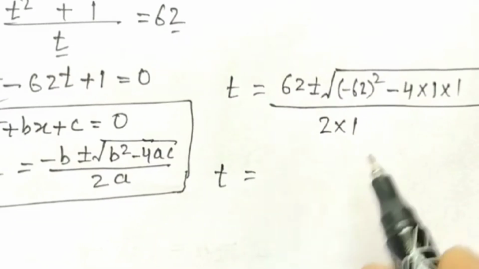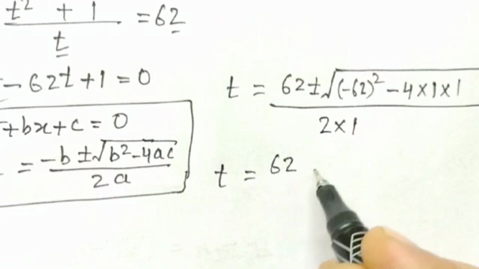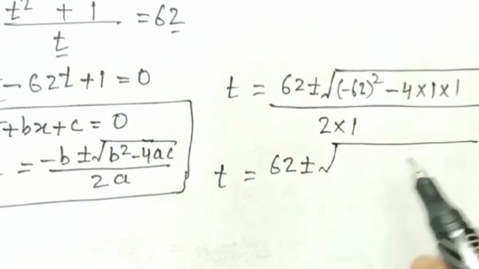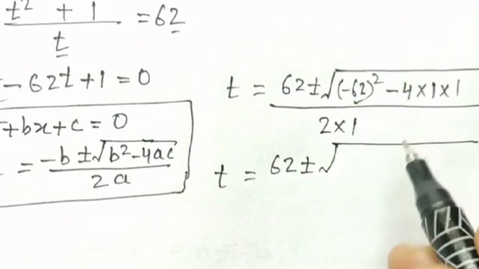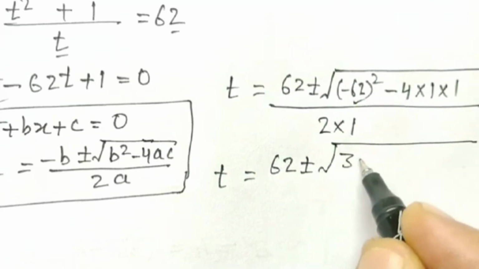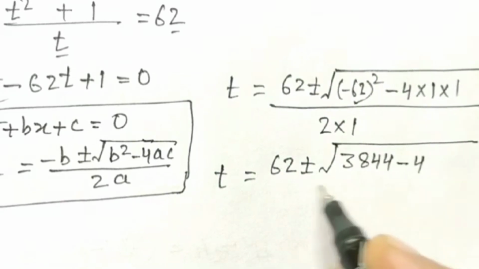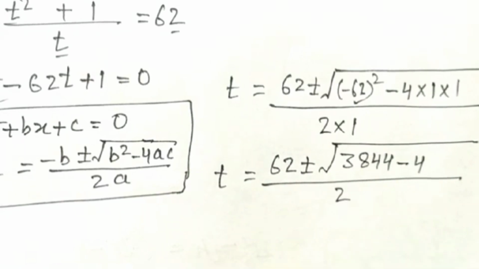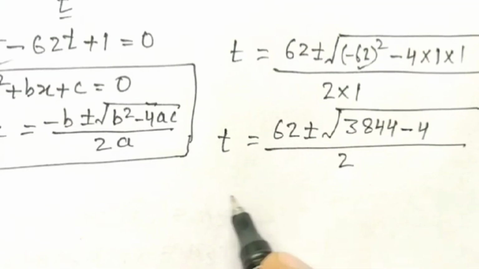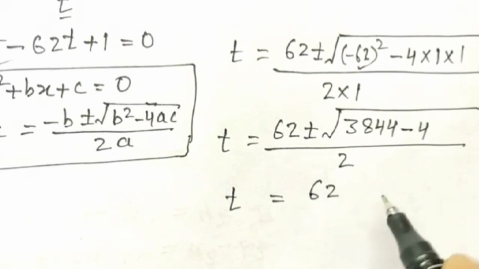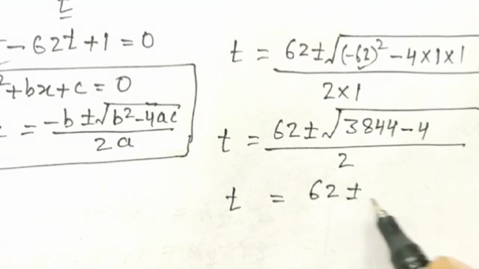Now t is equal to 62 ± √(3844 - 4) over 2.